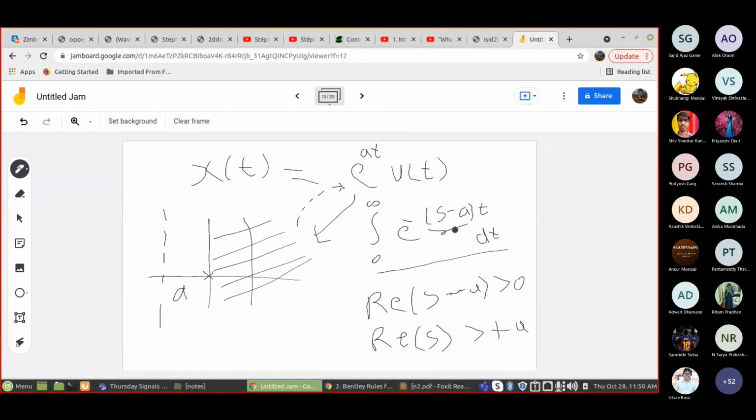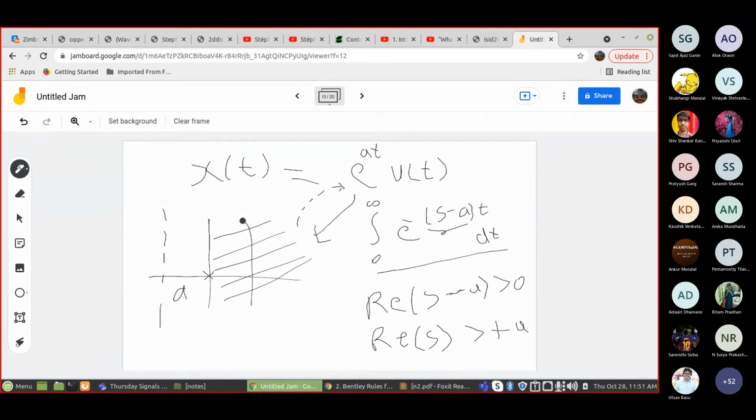So everything to the right of this is in ROC, and if your signal is not causal, so it extends to minus infinity. So t going from 0 to minus infinity, had that been the case, you should have this part within your ROC, but it is not.